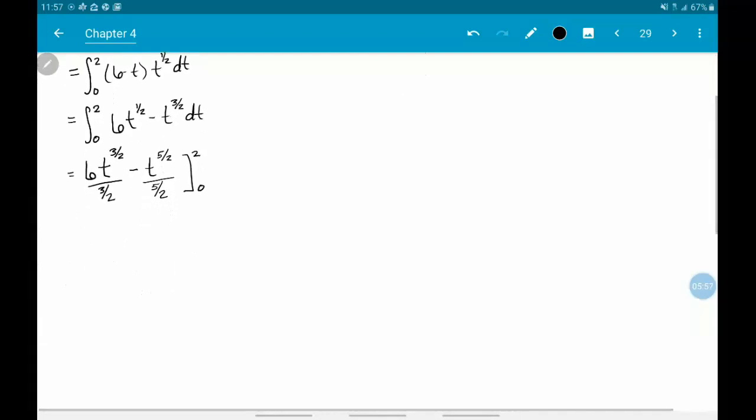Now we need to simplify this. When you divide, you do keep, change, flip. So that dividing by 3/2 is the same thing as multiplying by 2/3. Same thing here. This is a -1. Dividing by 5/2 is the same thing as multiplying by 2/5.